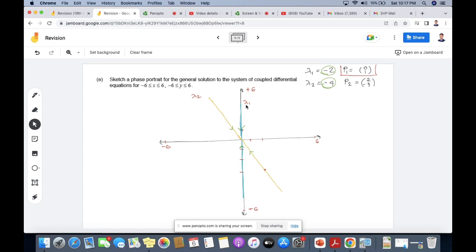Let me check first. Yeah. So for the second eigenvalue, you start because we start with the second eigenvalue, right? That means the yellow line.